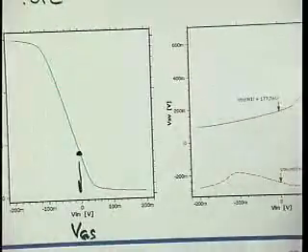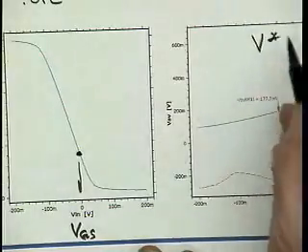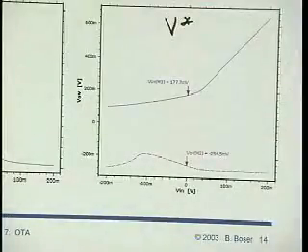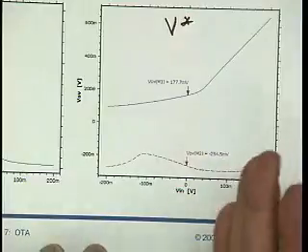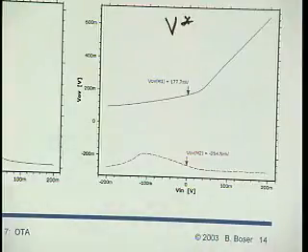I also plot the overdrive voltages, or the V stars if you want, right? And I do that also because, heck, I designed this amplifier so that I get certain V stars, and I want to be sure that at least at the bias level, my V stars are approximately correct, right?